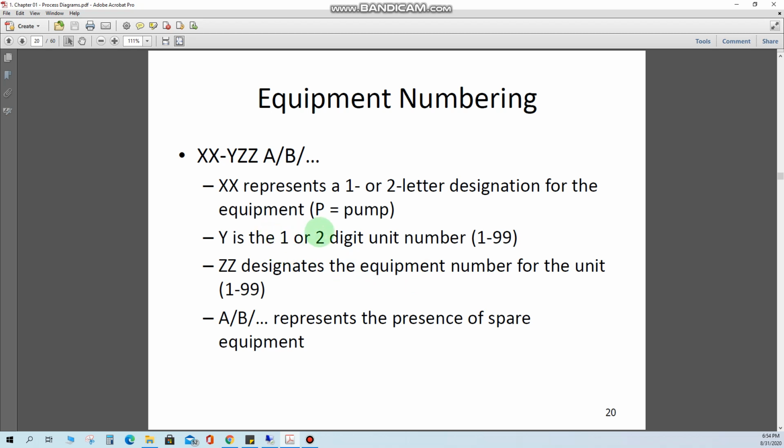So it can be one or two. Usually it is written as 100 or maybe simply 200. ZZ designates the equipment number for the unit, so it can be from 1 to 99 depending on how many same equipments are present in the similar area. A and B represent the presence of any spare equipment, as I explained earlier.